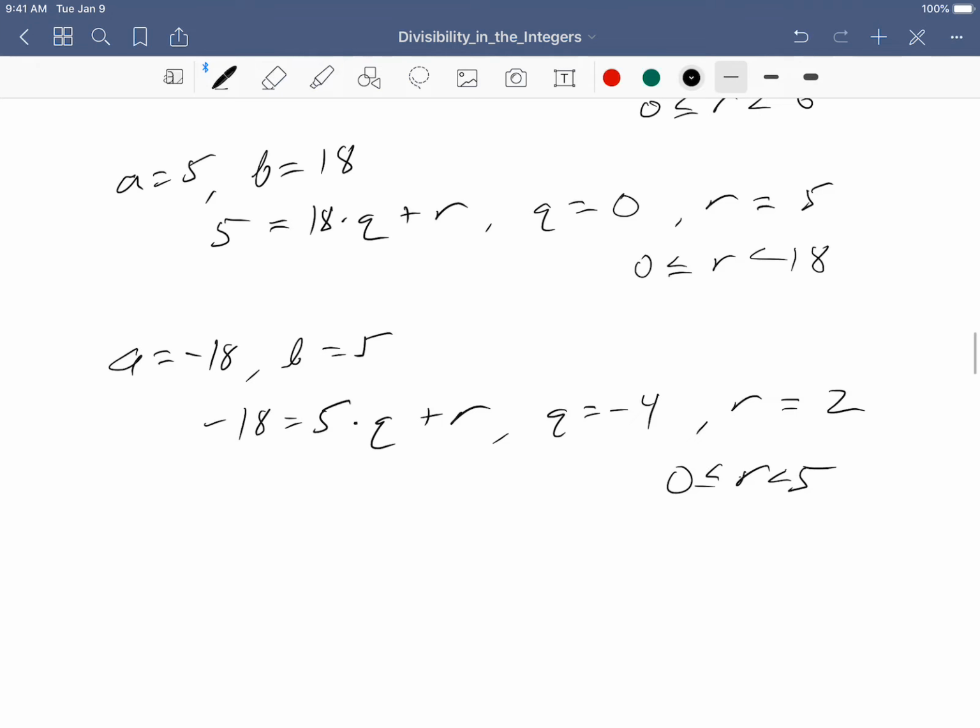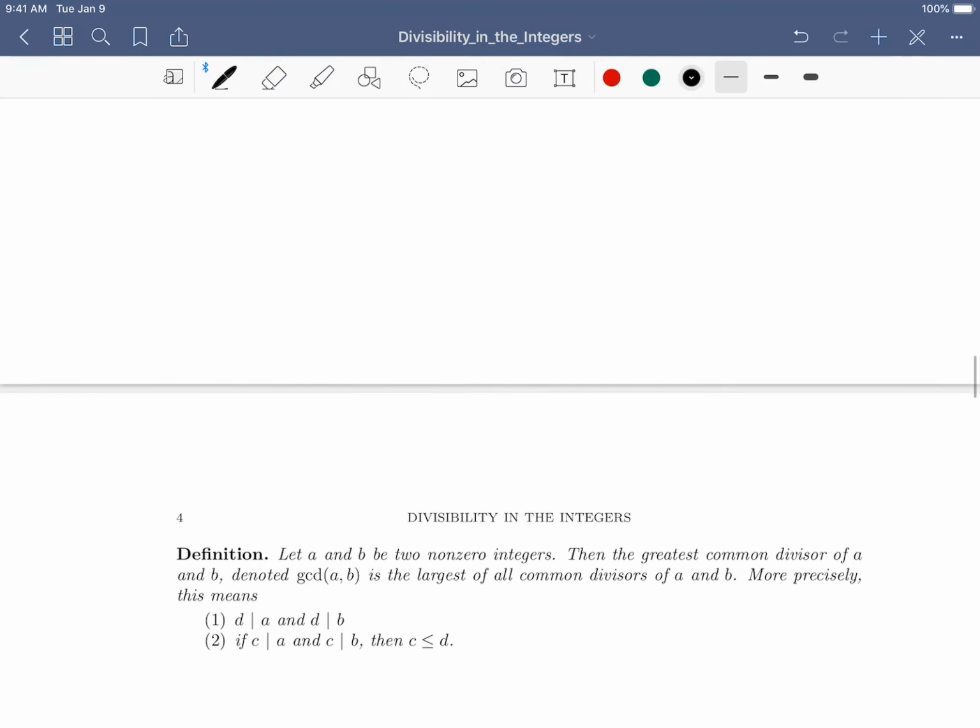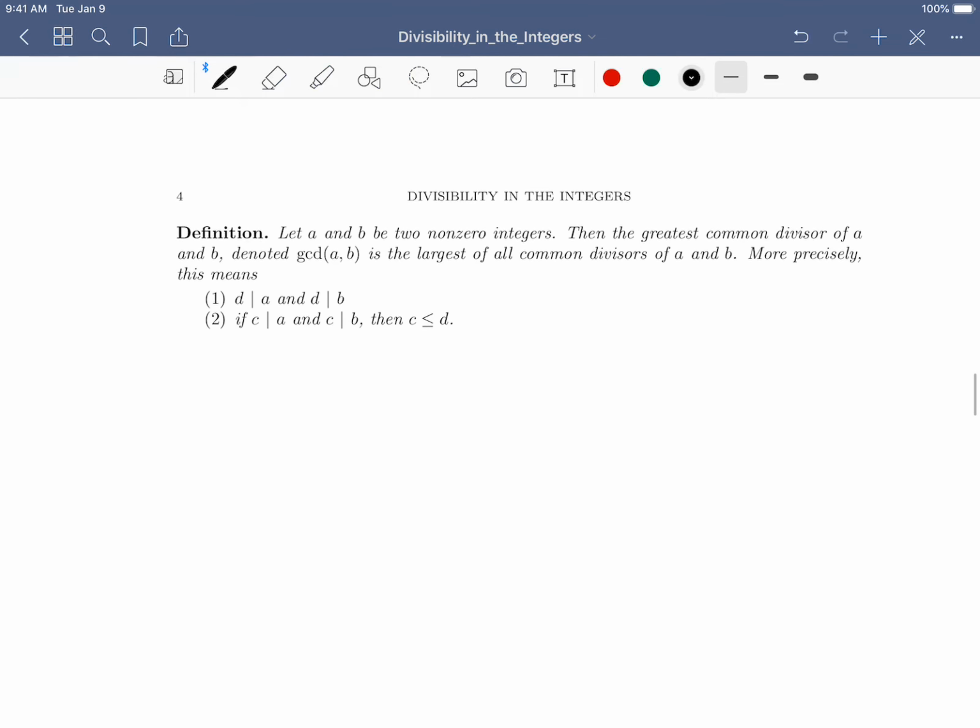All right, so this is a piece of the Euclidean algorithm. You're going to prove another piece to it as part of your homework. It's exercise 2 in the textbook.